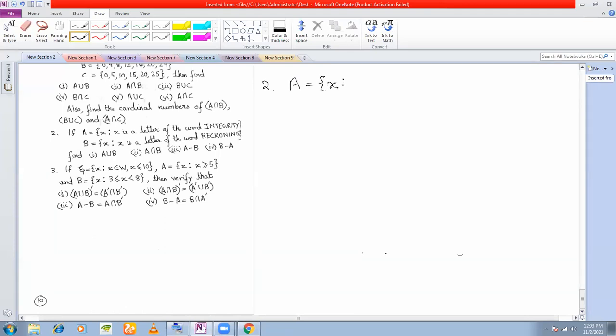A is a set X such that X is a letter of the word integrity. This is given to you in set builder form, the set A. So we write this in tabular form. These consist of letters of the word integrity. So you have these elements as your elements of the set A.